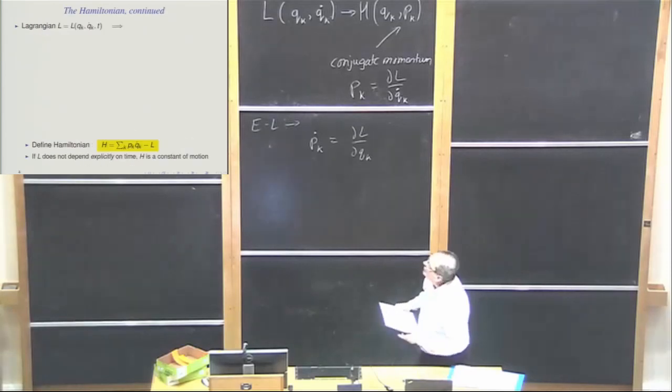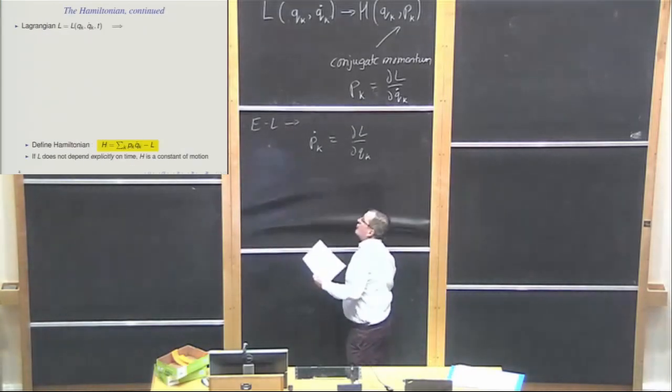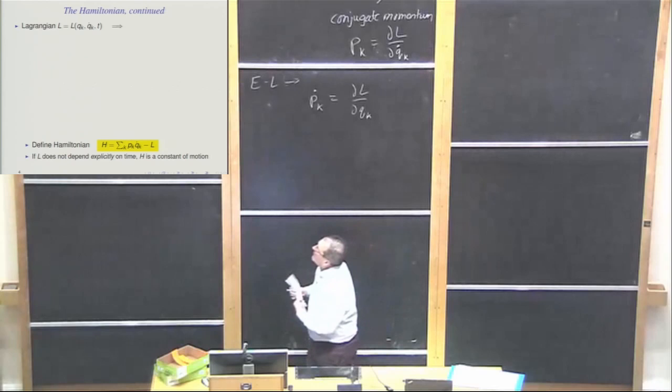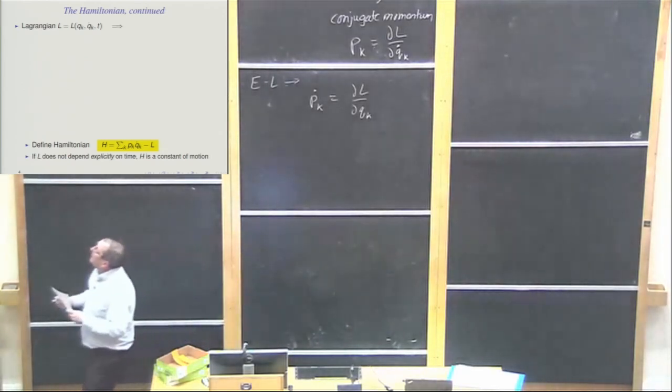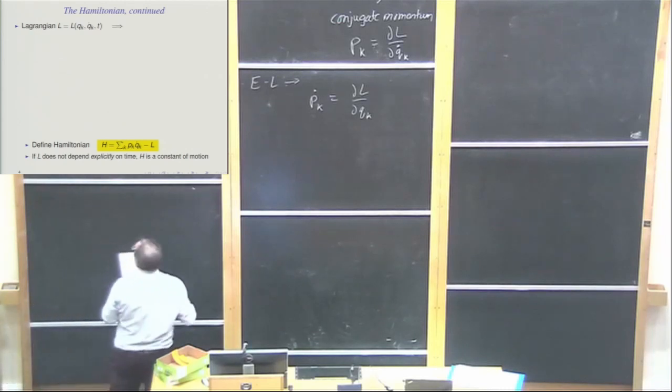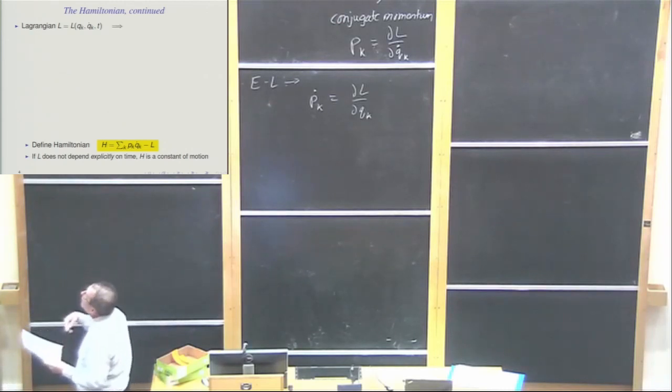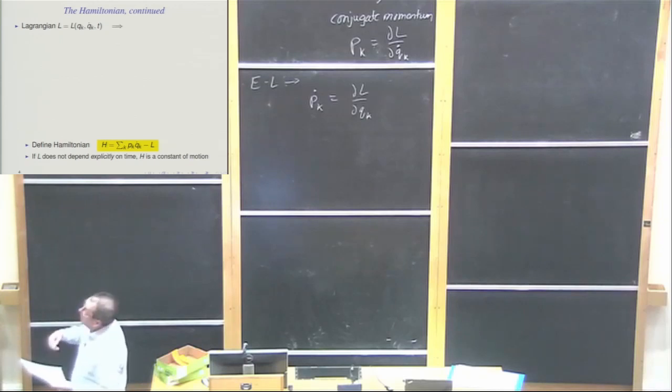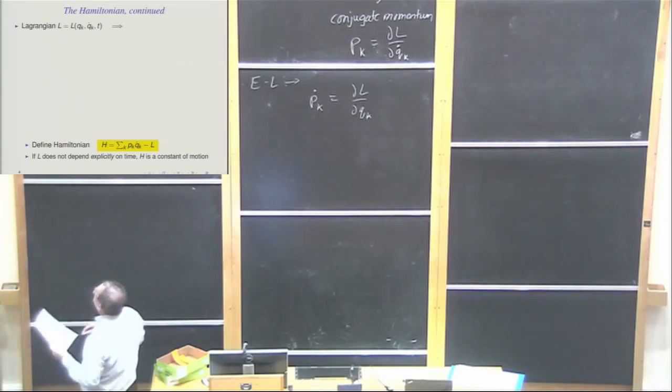Okay, so let's try to go towards the Hamiltonian. This manipulation will be a little formal, but not too difficult. We just need to use the rules of partial differentiation.